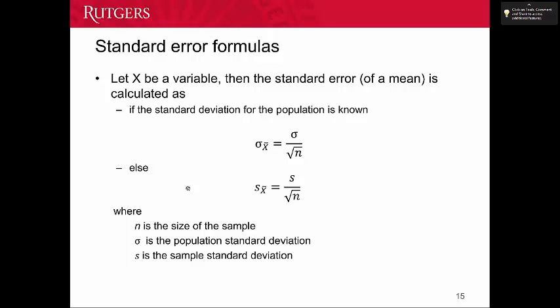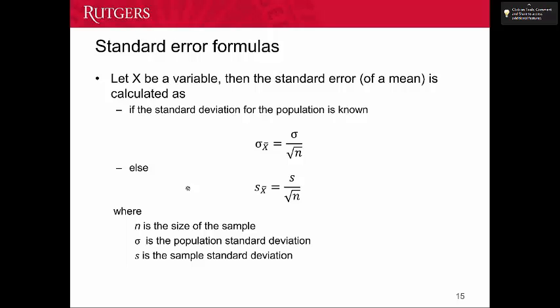Now let's look at the formulas to calculate the standard error. Let x be a variable, then the standard error of a mean is calculated as follows. If the standard deviation for the population is known, then the standard error equals the population standard deviation divided by the square root of the size of the sample.